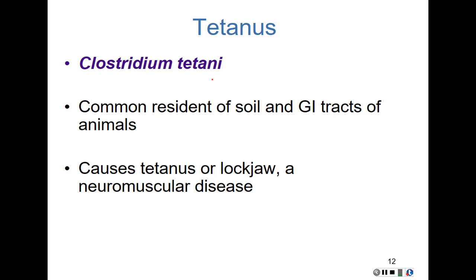Tetani, tetanus. When you think of tetanus, I want you to think of being locked up, aka lockjaw, but that's just the jaw; it could be arms, it could be your whole body where you're paralyzed, but it's locked up.